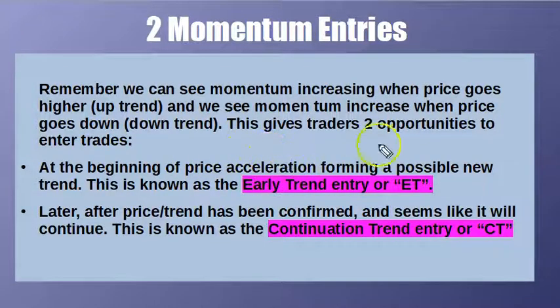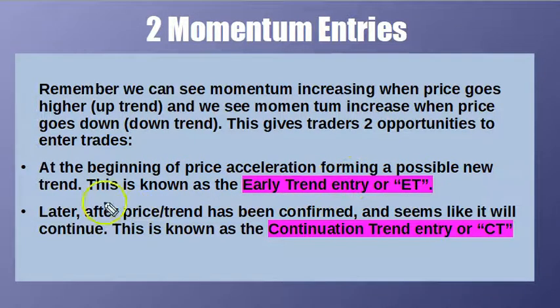It gives us traders two opportunities to enter trades, usually at the beginning of price acceleration. When price is first going sideways and then starting to make its downward movement, we have price acceleration here. So at the beginning of price acceleration, this is one area of entry that we could consider.